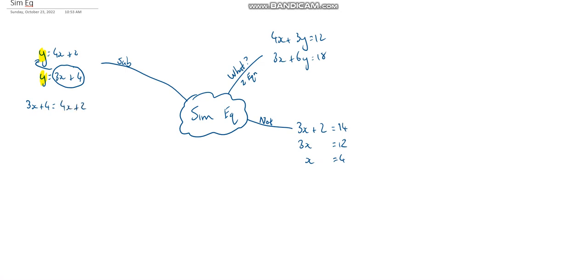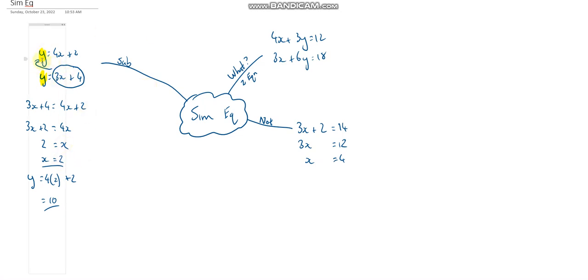And then you just rearrange to make x the subject. So I'll take away 2 from both sides, and then I'll take away 3x from both sides. So 2 is equal to x, x is equal to 2, and then you would take your 2 and substitute it into the equation. Well, y is going to have to be equal to 10, because y is equal to 4 multiplied by your x, plus your 2. And if you sub that into both equations, that should work.